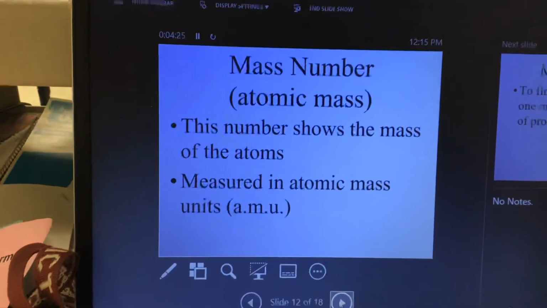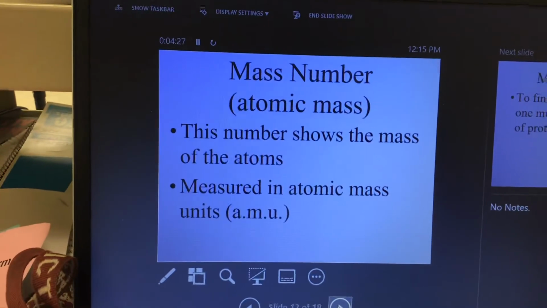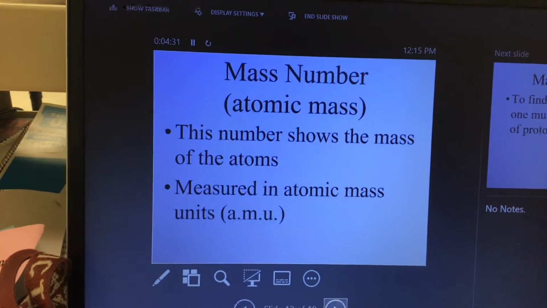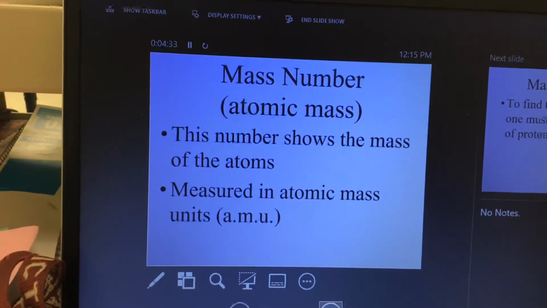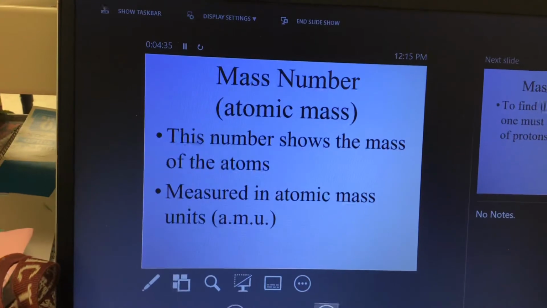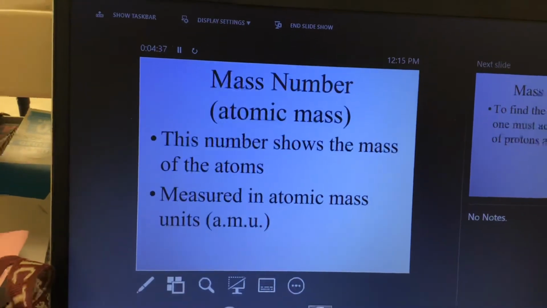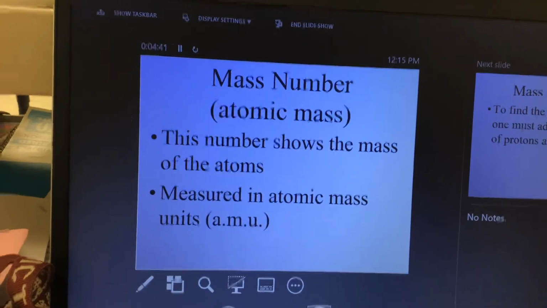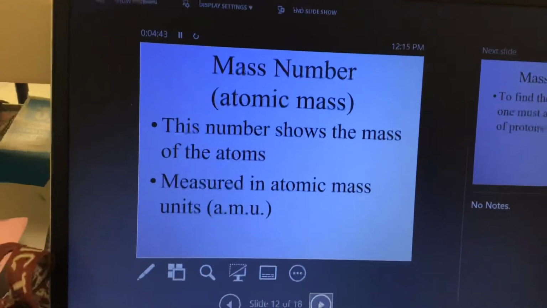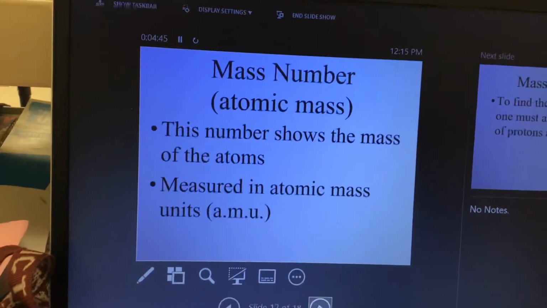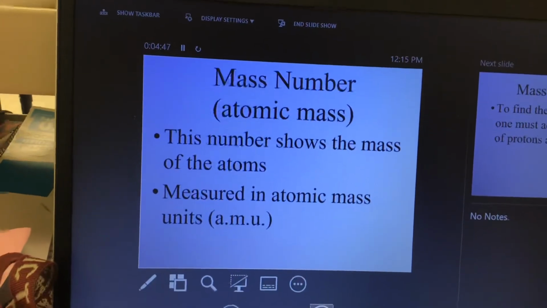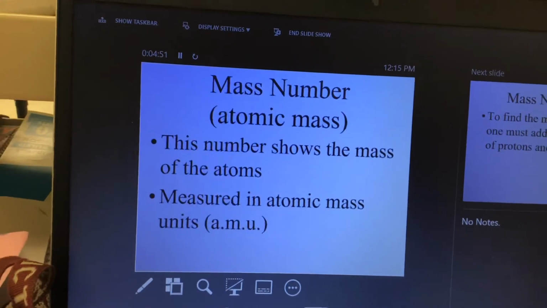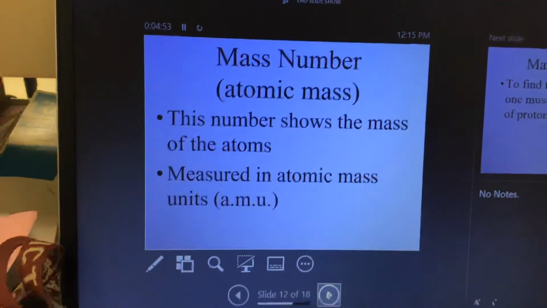Mass number, on the other hand, and go ahead and write all of this down, please. Mass number is the number that shows the mass of the atom. If you find the mass of something, you're looking for like the weight. It's measured in atomic mass units, or AMUs. You couldn't measure atoms in pounds or ounces or grams because those aren't nearly small enough.